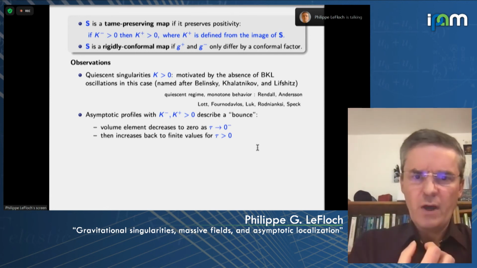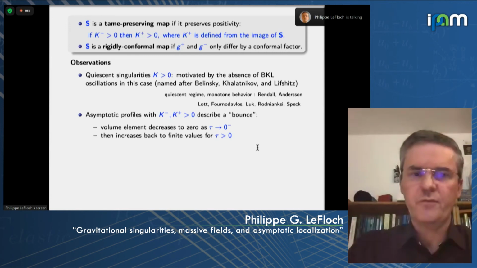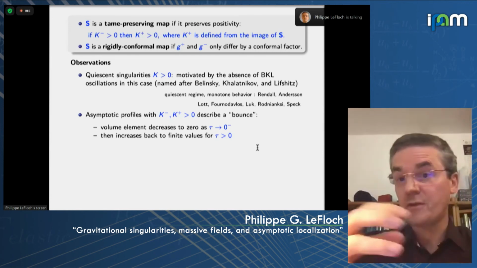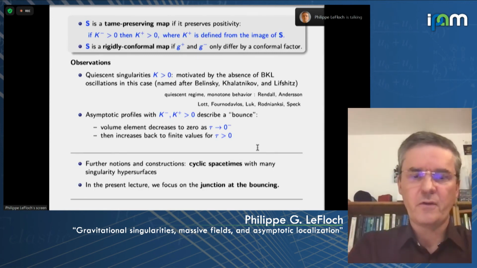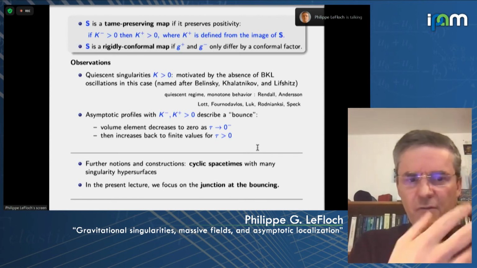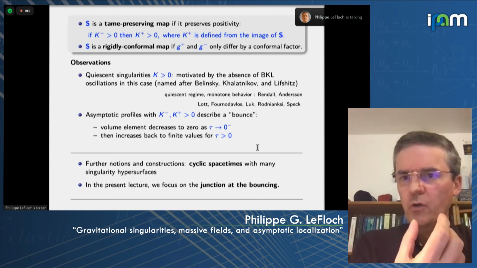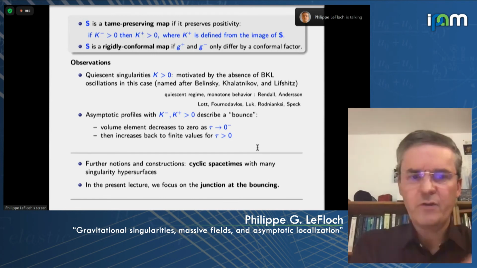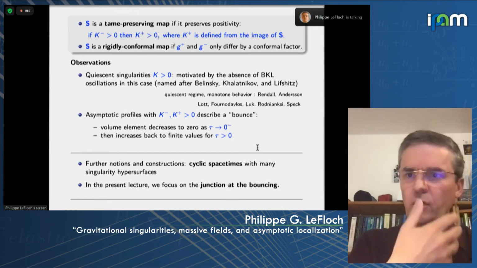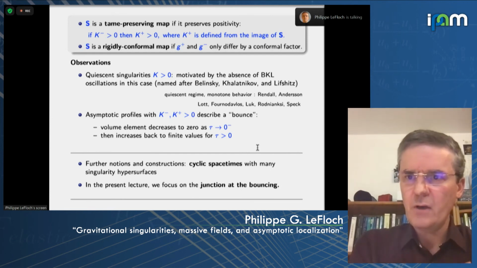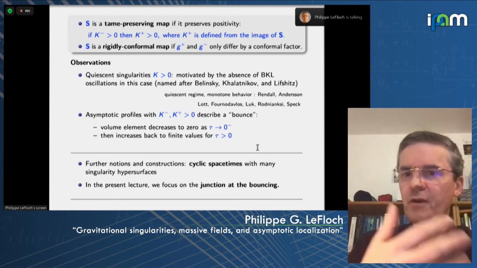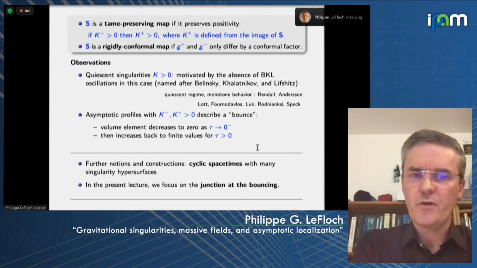Now, we do describe a bounce in this situation in the sense that the volume element decreases to 0 when you approach the singularity, and then increases back to finite values. And it does that with a certain geometry, a certain complex geometry. So we have further notions to describe better the geometry which is behind. And we also consider not only one singularity, but possibly successive singularity hypersurfaces.